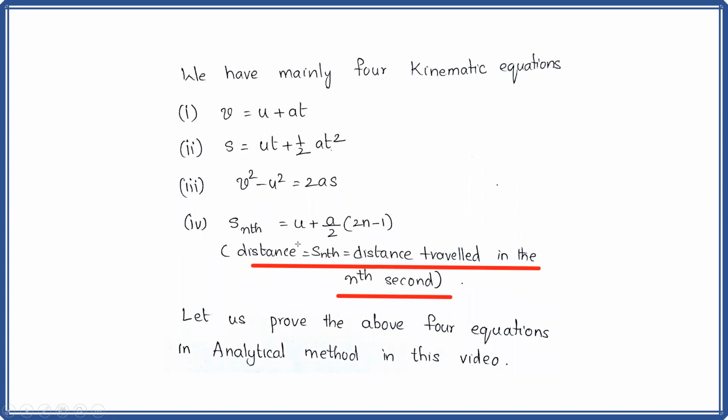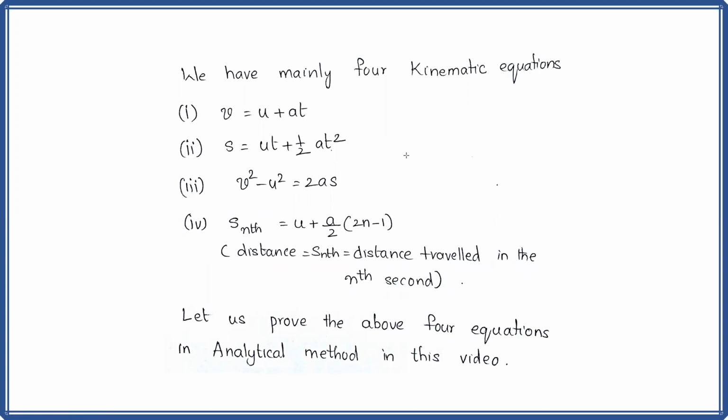S nth is equal to U plus A by 2 into (2n minus 1). So now let us prove the above four equations by the analytical method in this video, as I told you.